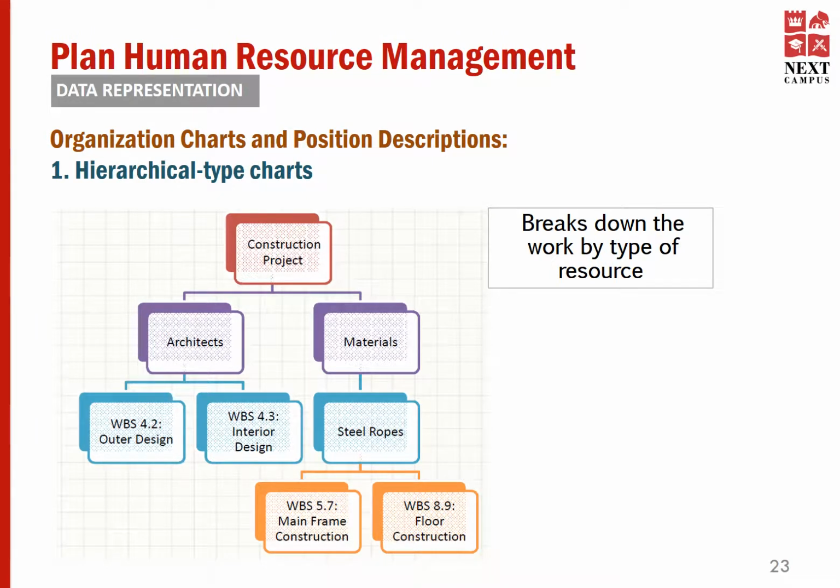And another type of hierarchical chart is the resource breakdown structure, also known as RBS, and it breaks down the work by type of resource. On the other hand, we see materials. Note that human resources and also the materials, tools, and equipment are resources of a project.